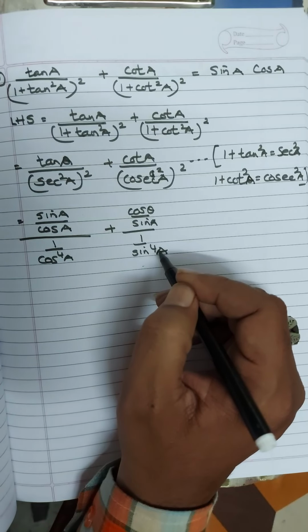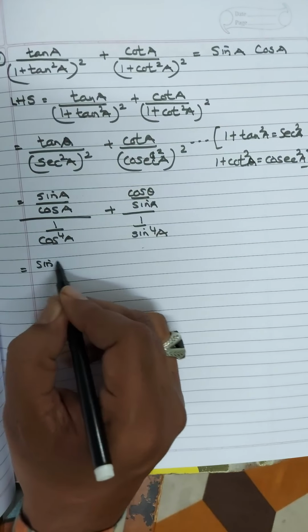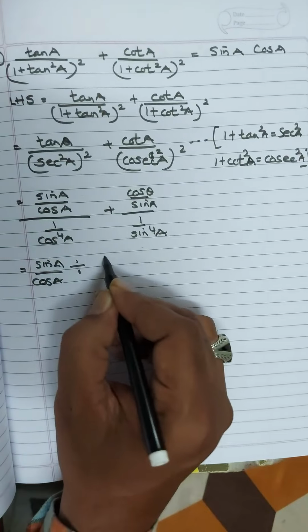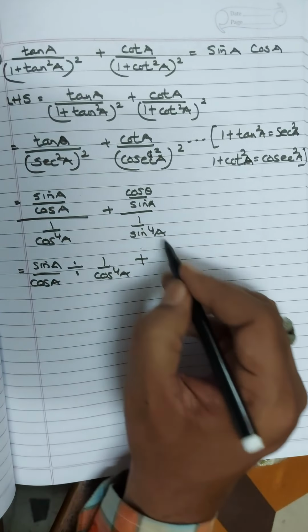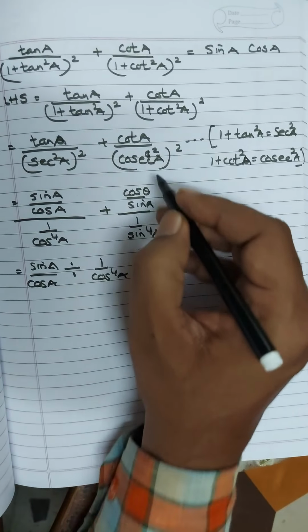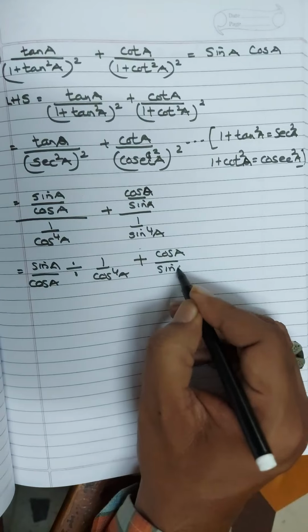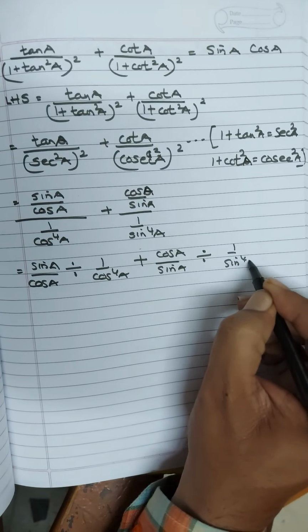Okay, so now what we have to do is we need to convert this now, sin A upon cos A divided by 1 upon cos power 4A and plus this cos A upon sin A, divide sign, we need to write this 1 upon sin power 4A.